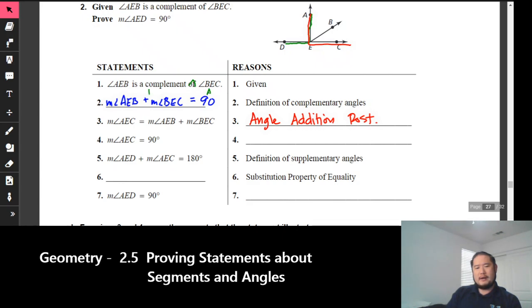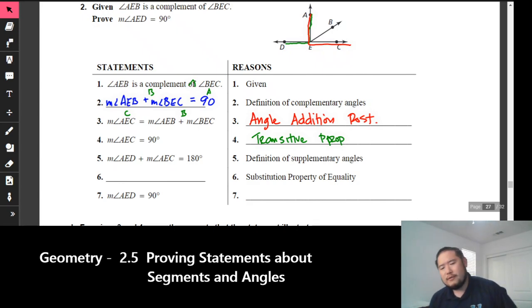This statement right here is B. It repeats itself right here, and AEC is C. Look what happens: A is equal to C, or AEC is equal to 90 degrees. So one of the things we could put as a reason here is, hopefully you know it now, the transitive property, the transitive property of angle congruence.